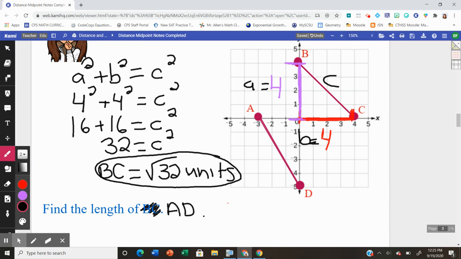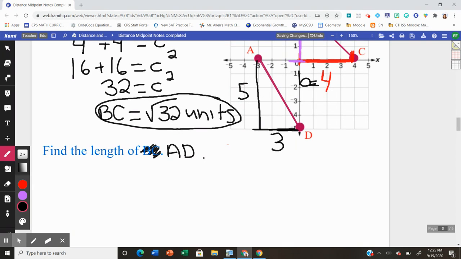So for AD here, we again want to find the difference in the x values, which it looks like is 3 units. We want to find the difference in the y values. So 1, 2, 3, 4, 5 units there. So if we plug these lengths into the Pythagorean theorem, I end up with 3 squared plus 5 squared equals c squared.